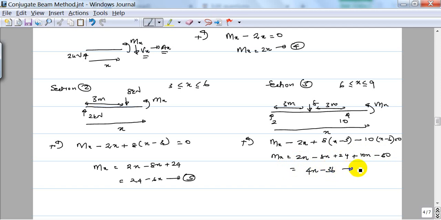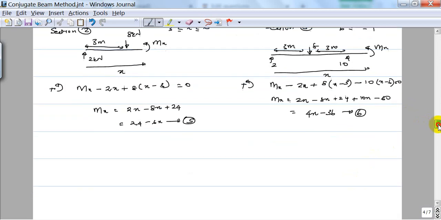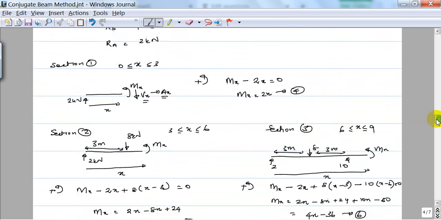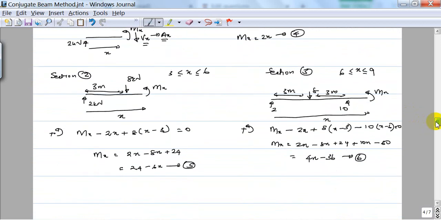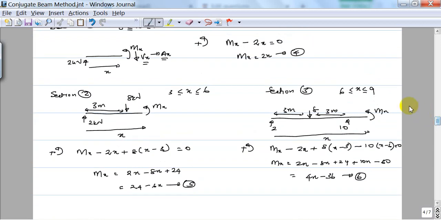So this is not the third equation, but the sixth equation, and that is applicable for the region 6 to 9 meters. So now I have three equations, that is equation 4, equation 5 and equation 6. These three equations can clearly help me to plot the bending moment diagram for the entire beam.